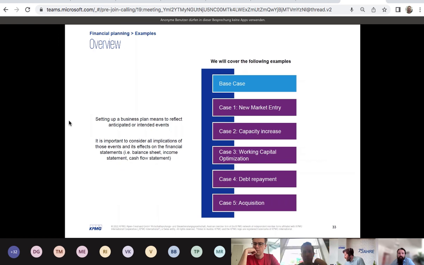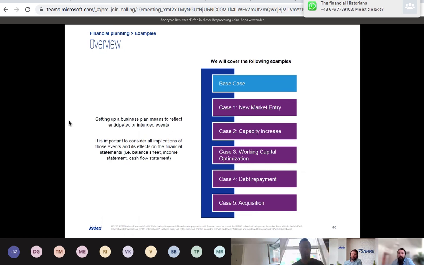We have a base case, and then we have 5 different cases where we show you, on a very simple basis, how you can reflect any of those cases or scenarios within the integrated business plan. Looking at the time, I will just go through one of the examples.